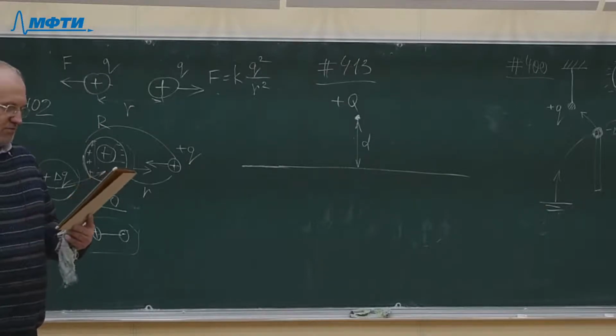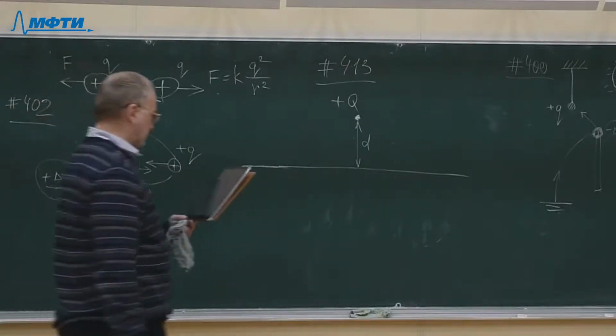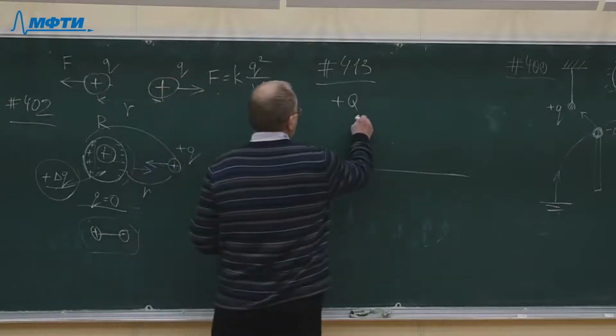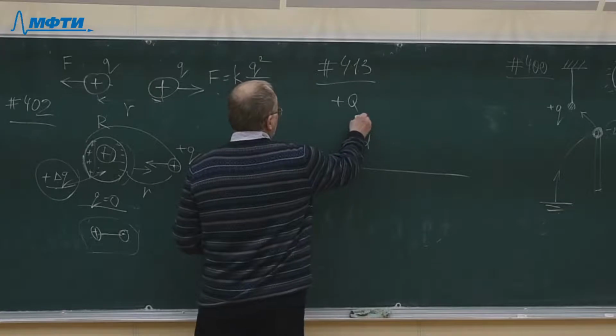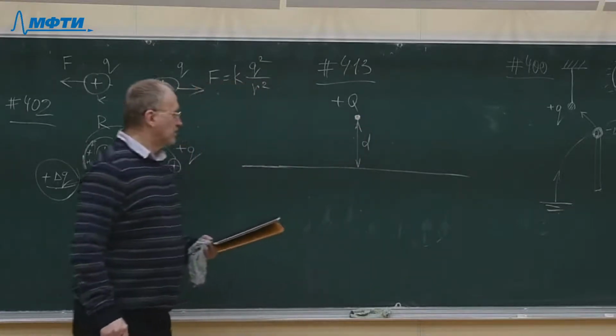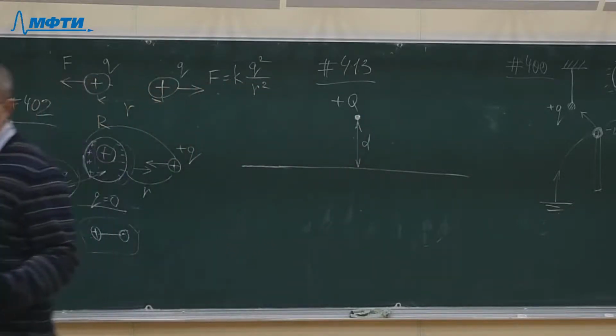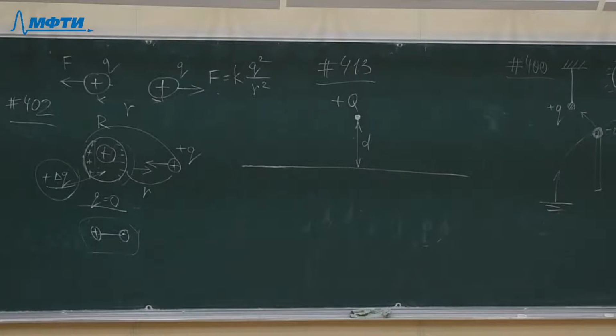Find the force with which the plate acts on the point charge. Find the force of interaction between the point charge and the infinite plate, such as the problem 413.